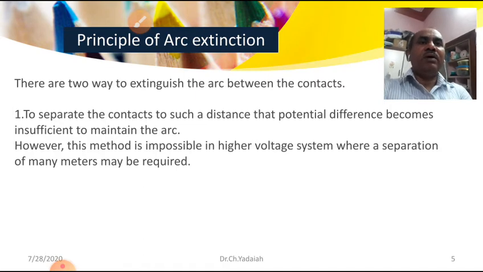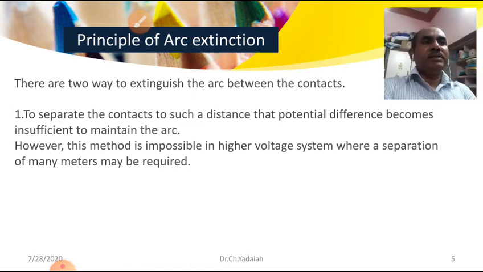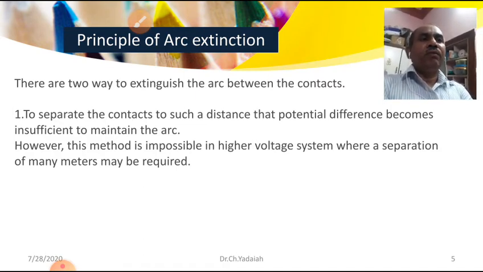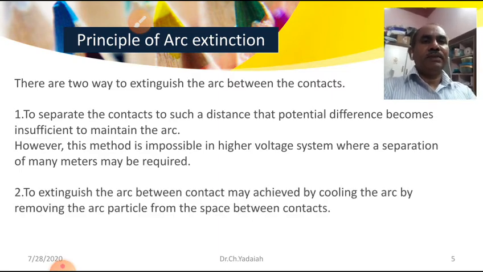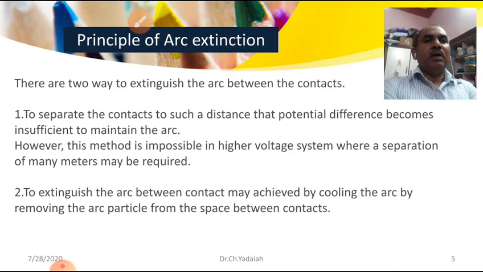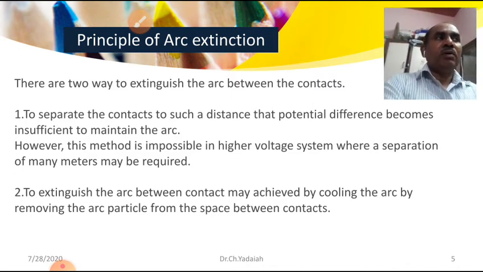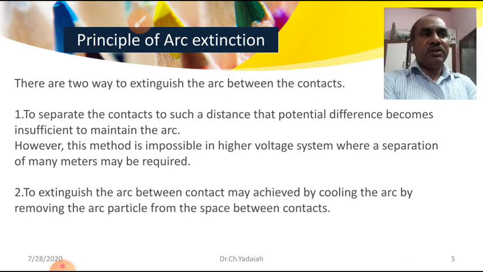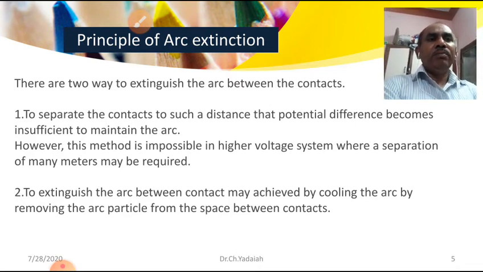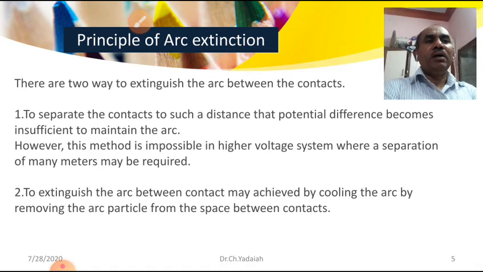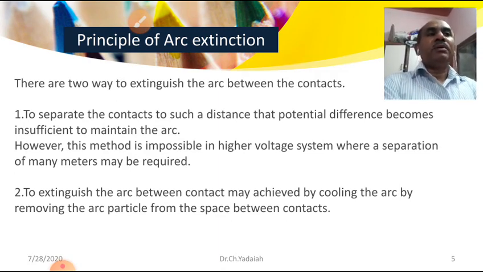However, this method is impossible in the case of higher voltage, where a separation of many meters may be required. So we have to go for the next option. What is the next option? To extinguish the arc between the contacts by cooling the arc and removing the arc particles from the space between the contacts. This is what we are going to do in our breakers.